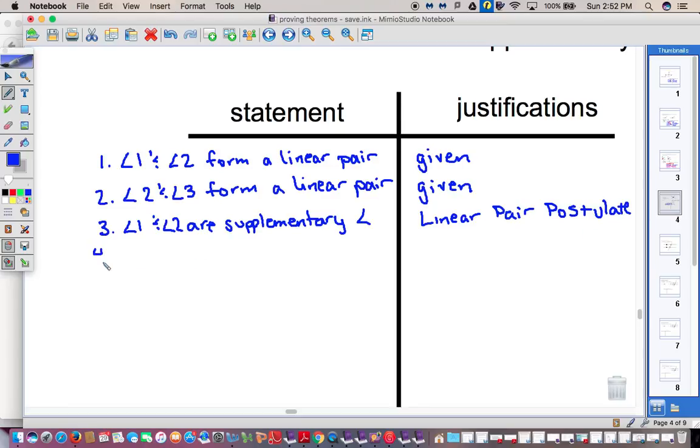Okay, and then in 4 we can say that angle 2 and angle 3 are supplementary angles, and that again is by the linear pair postulate.